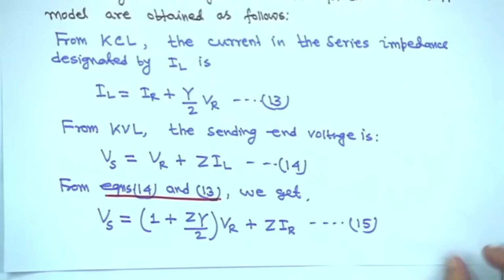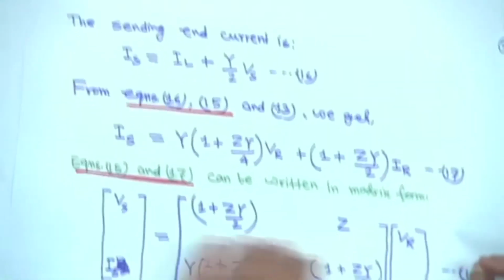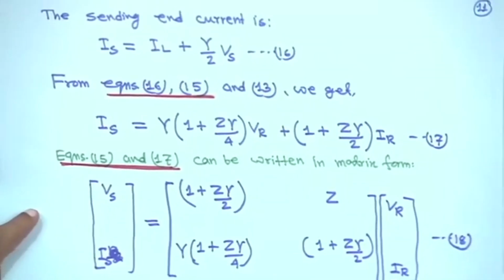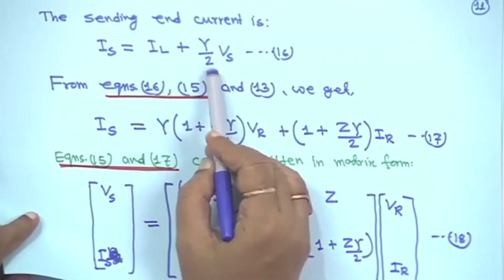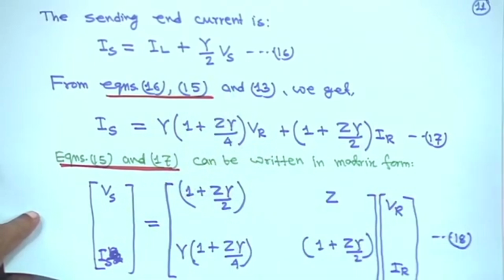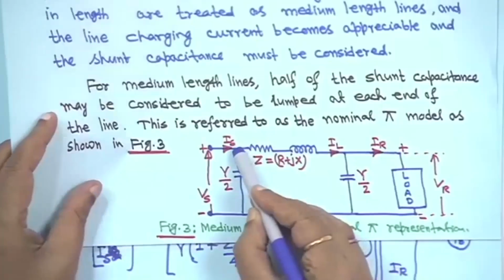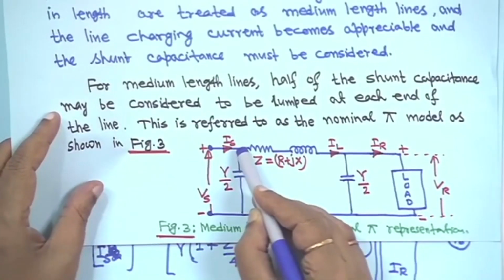Similarly, the sending end current is Is equal to IL plus Y by 2 Vs. You apply KCL here at this point: Kirchhoff's first law.